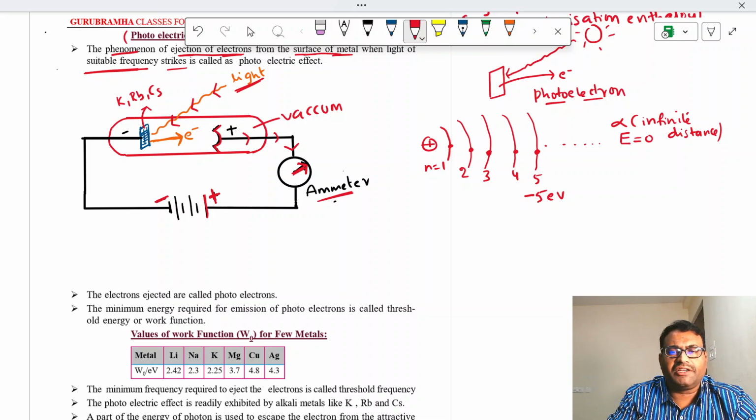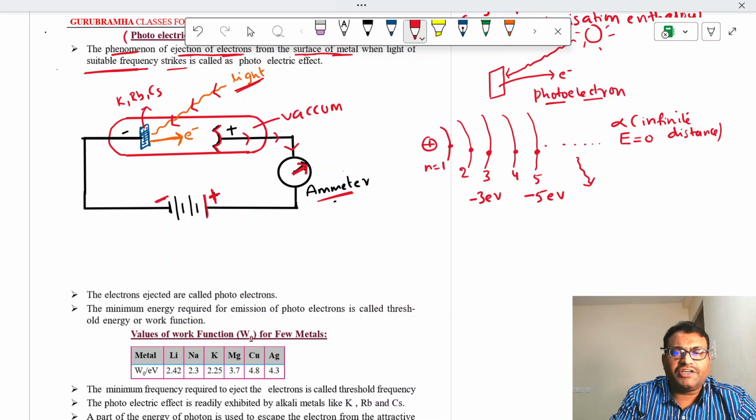It is having minus 3 electron volt. I'm speaking generally, because if the electron at infinite distance is having zero energy, when it is approaching the atom nucleus, no doubt some energy will be lost.